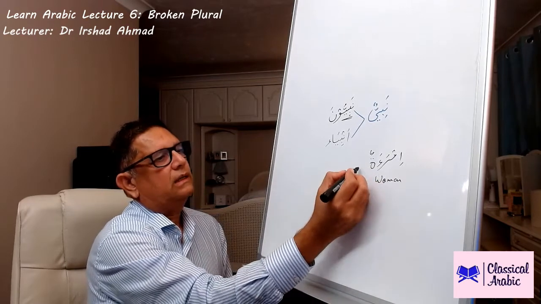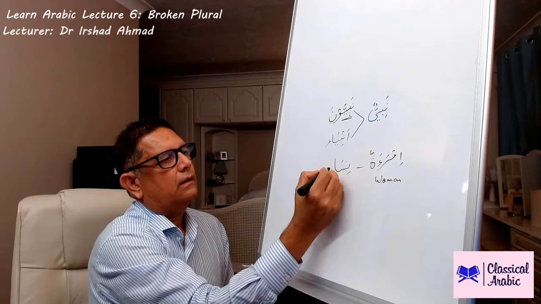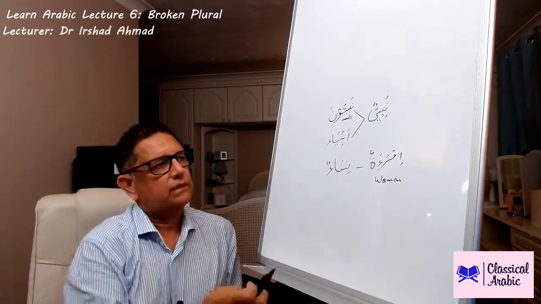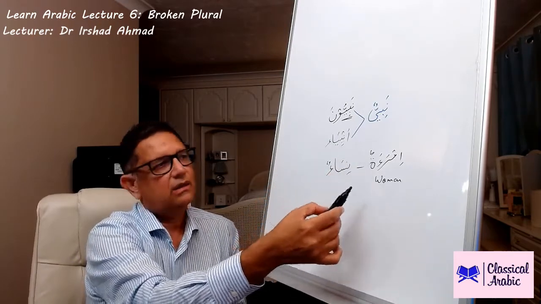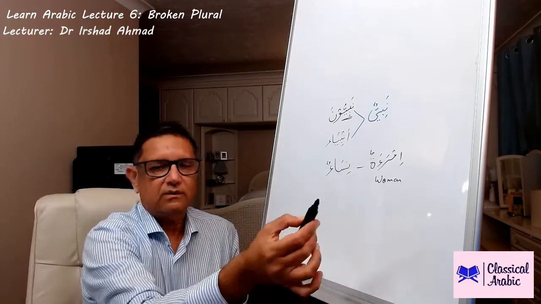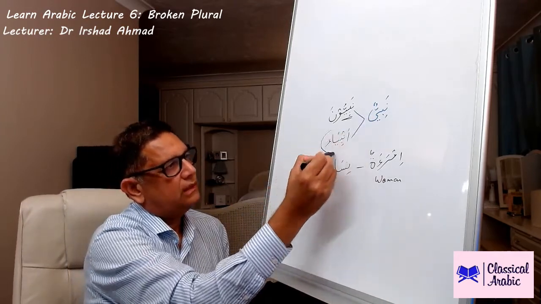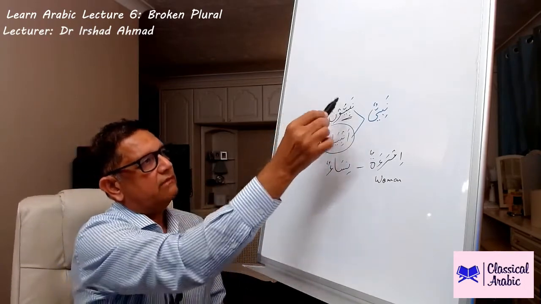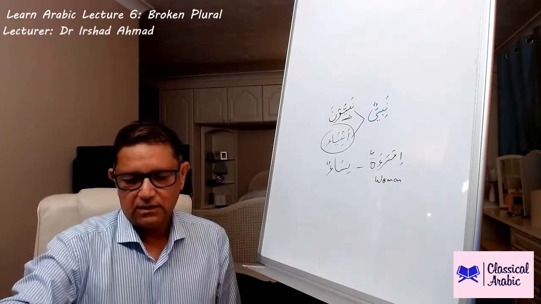So one woman, and its plural is Nisa'un. So totally different, but luckily there are not many words which fall in this category, so we are okay. Most of them are going to fall in this category, jama mukassar. Well, some of those, but most of them will be really jama salim, which is much easier to work on.